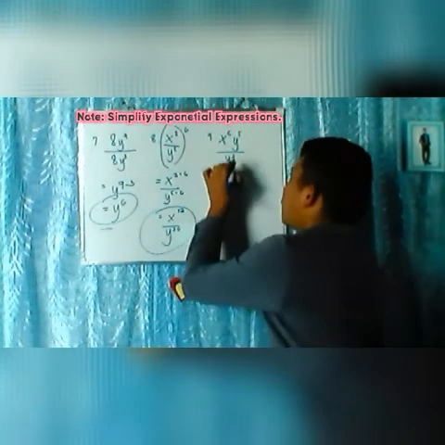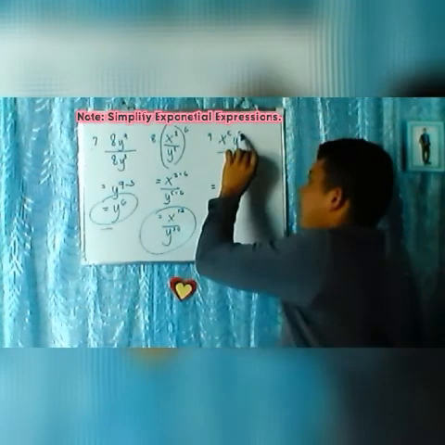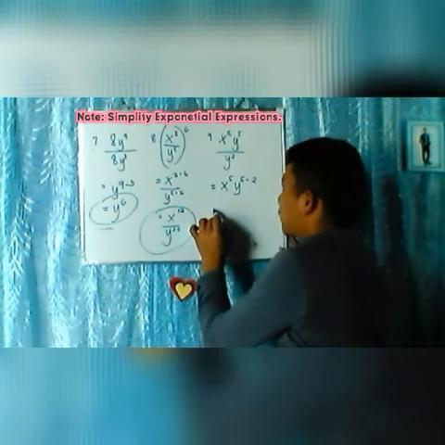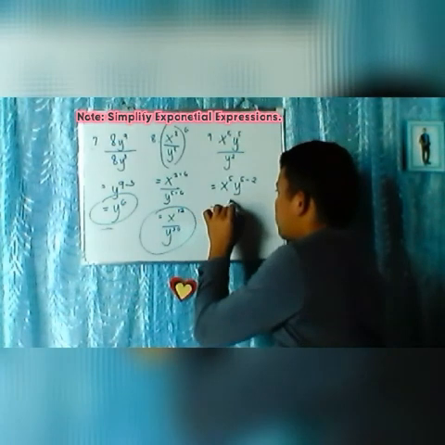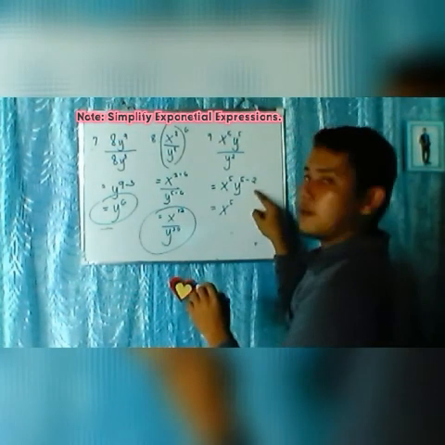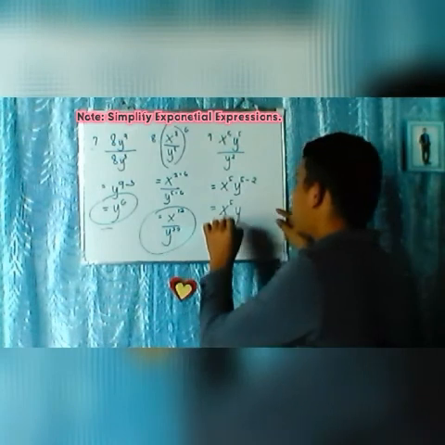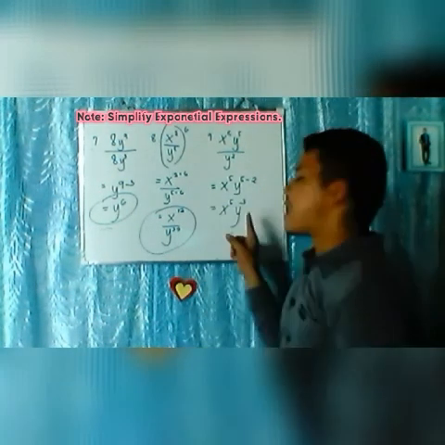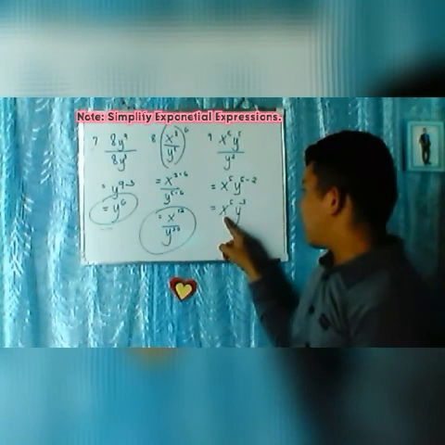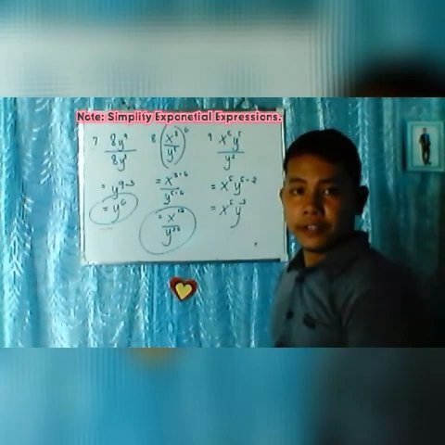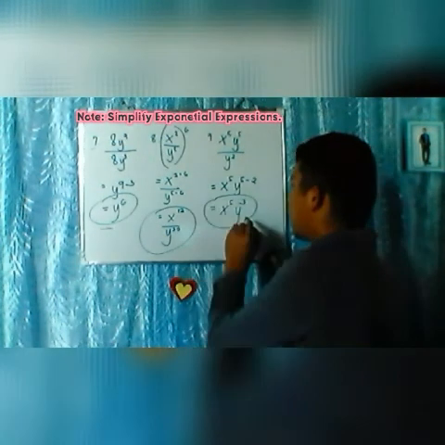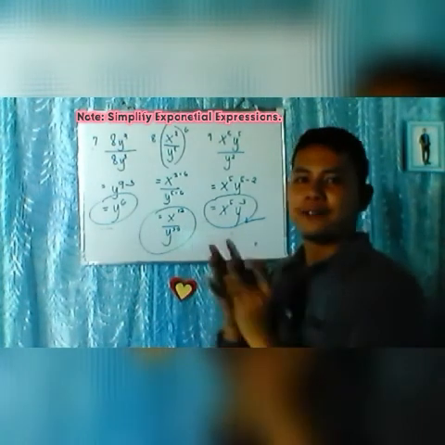So copy the x raised to the power 5, then copy y, and 5 minus 2 is 3. Very good. So that's it. No need to simplify further because these are different variables. So this is your final answer. Who got it correct? Yes, very good.